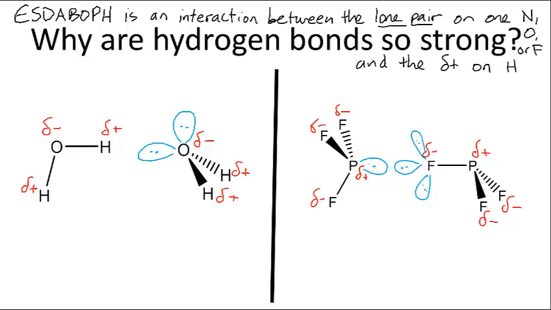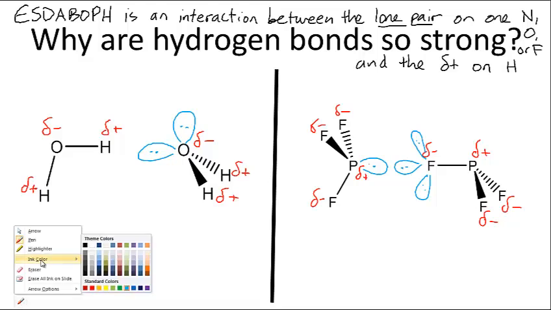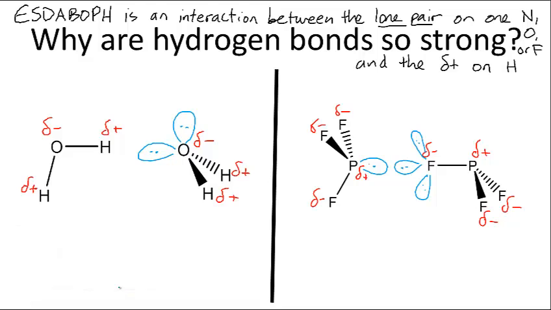Now, does anyone see a difference between these cases? Hydrogen does not have a lone pair. So, if you think about this hydrogen-oxygen covalent bond, the electron density in that hydrogen-oxygen covalent bond is all getting pulled over towards oxygen.